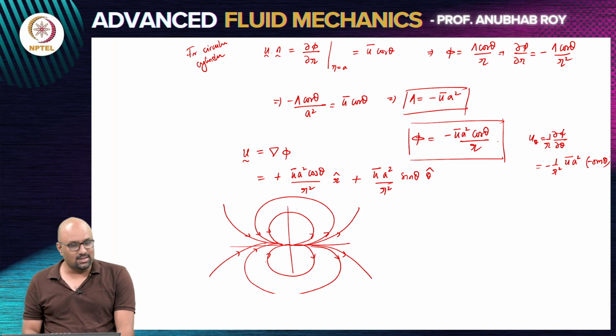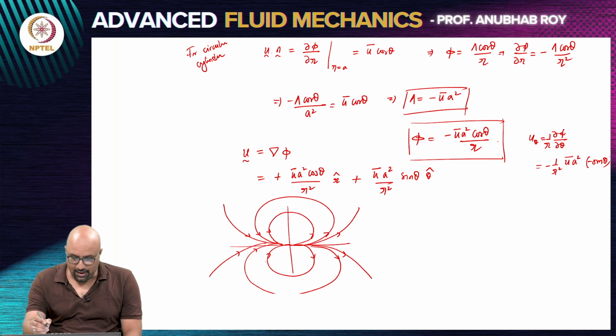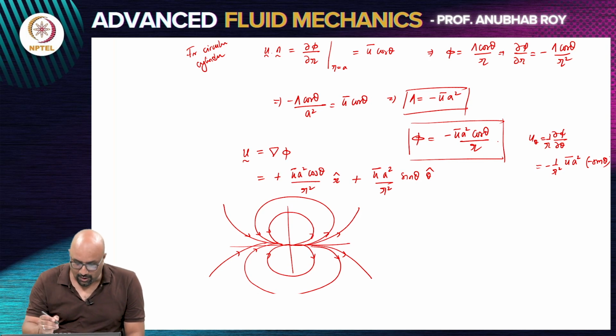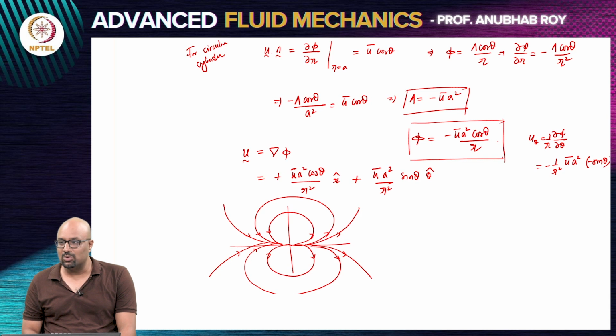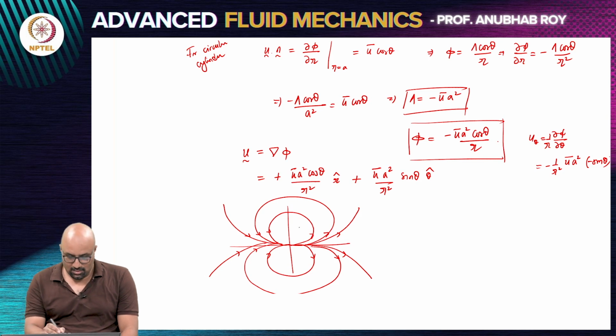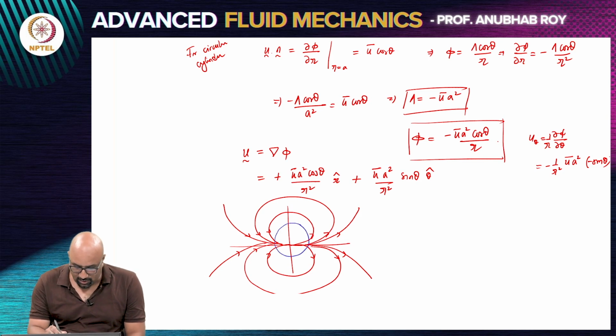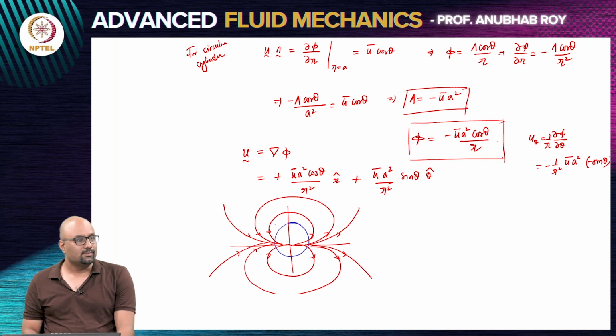I use the word instantaneous because at the very next instant the cylinder is going to occupy some other location in space. So, if I draw the cylinder, you have to remember that the surface of a cylinder no longer has 0 u_r. It is not that 0 radial velocity. The surface of the cylinder satisfies the boundary condition that the normal velocity of the fluid is equal to the normal velocity due to its rigid body translation.